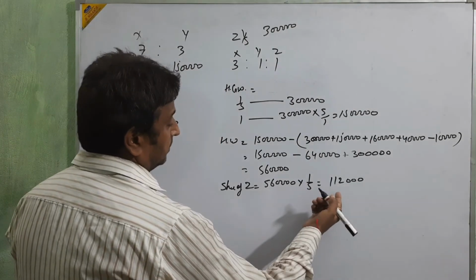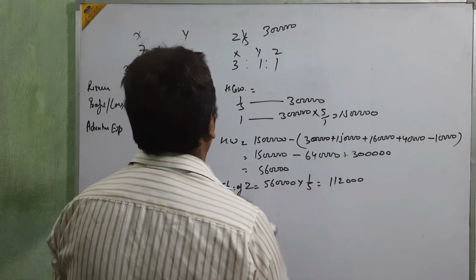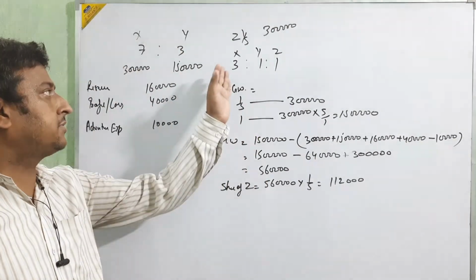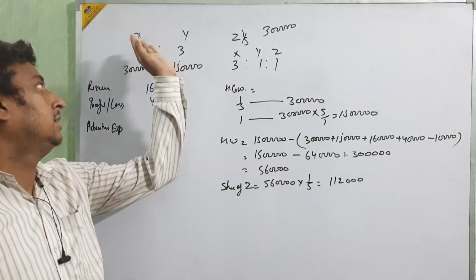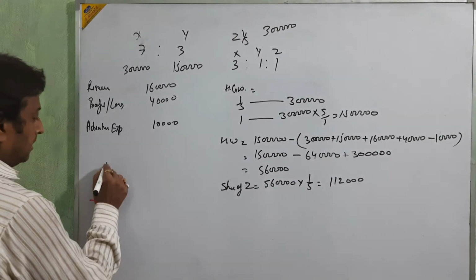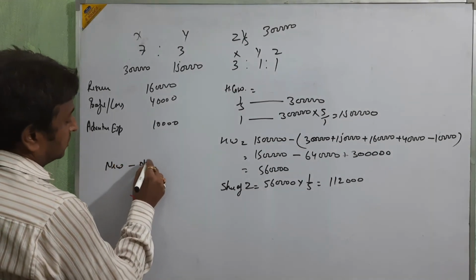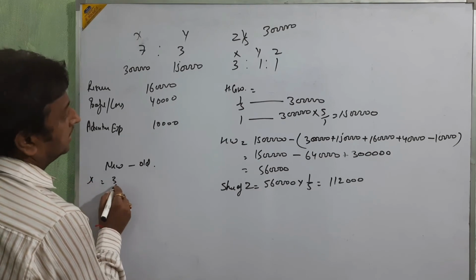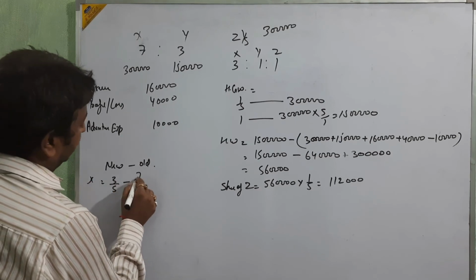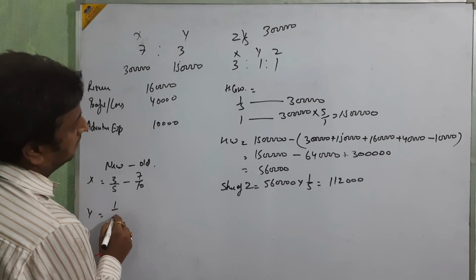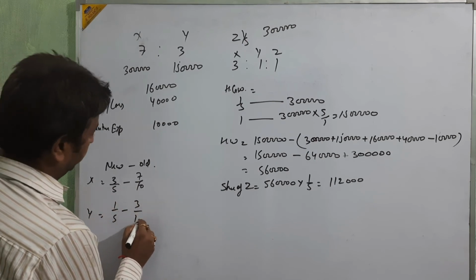Now we are going to distribute this amount among the old partners, but before distributing, first we calculate the sacrificing ratio of X and Y. New minus old. For X, 3/5 minus 7/10. For Y, 1/5 minus 3/10.